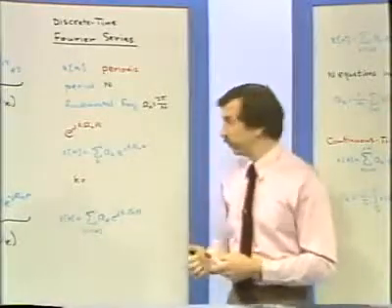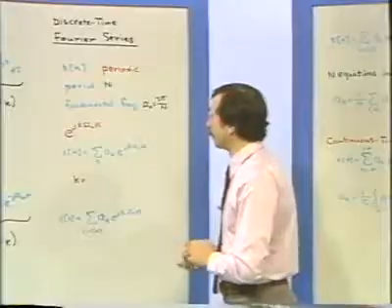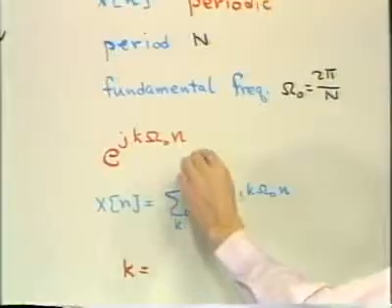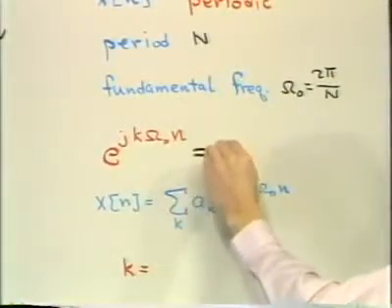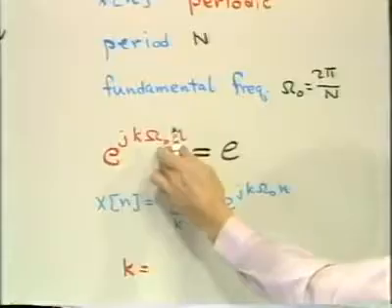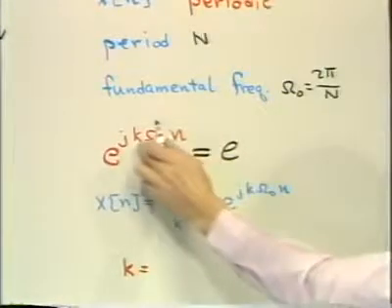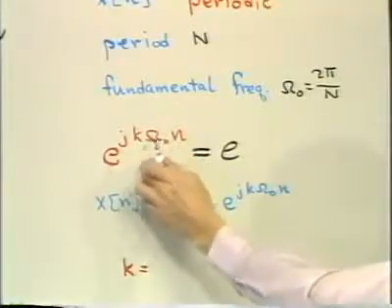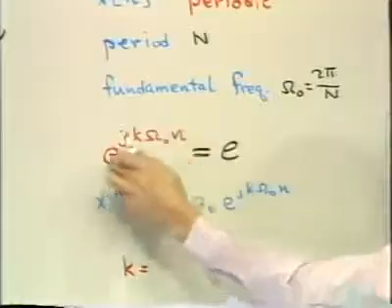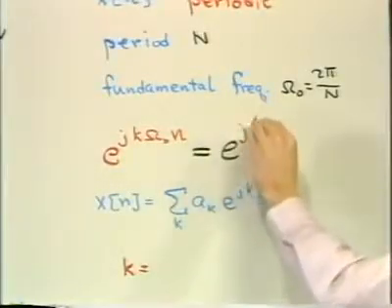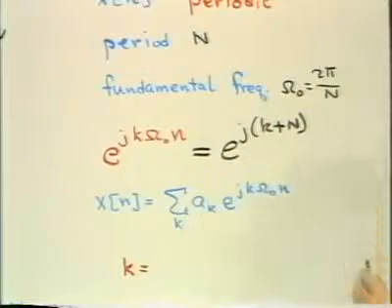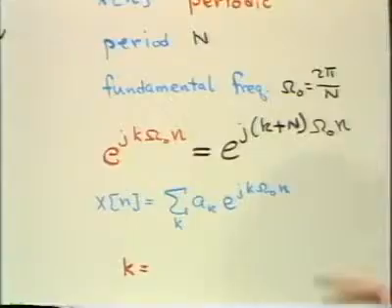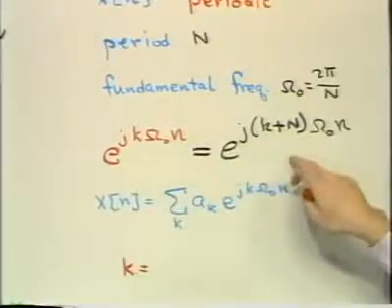It's straightforward to verify that if we vary k by adding to it capital N, where capital N is the period of the fundamental complex exponential, then if we replace k by k plus capital N, we'll see exactly the same complex exponentials over again.